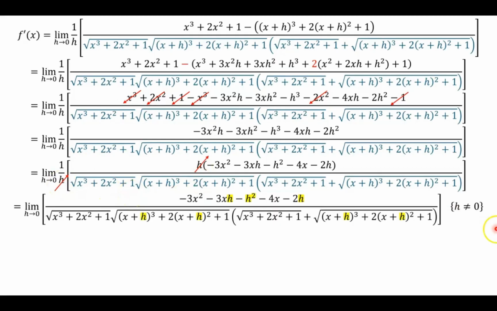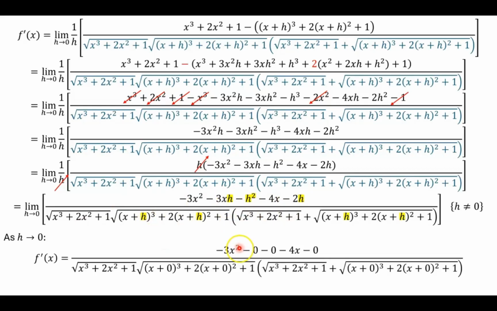Because h is not equal to 0, you need to write this thing. And now there is no single h in the denominator. You can safely plug in h equal to 0. So all the terms I highlighted in yellow are basically gone now because they're 0. And then you are left with this. So now you're basically done almost all your work, just left with some cleaning up.